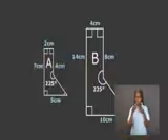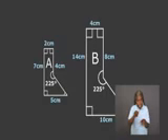Let us pause here and perform our second activity of this lesson. What I would like you to do, students, is look at the two figures on the screen. Are they similar? Take a close look.